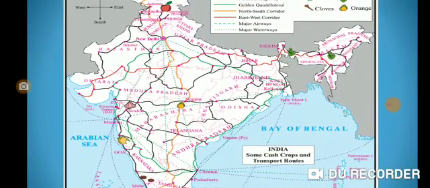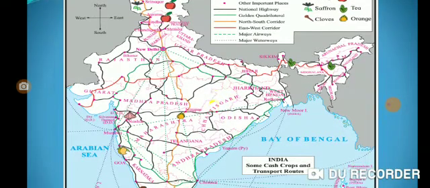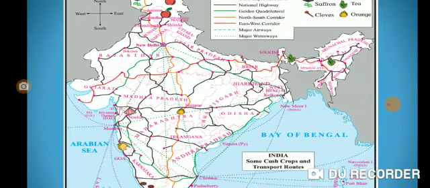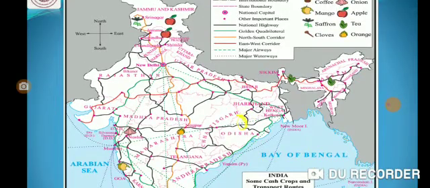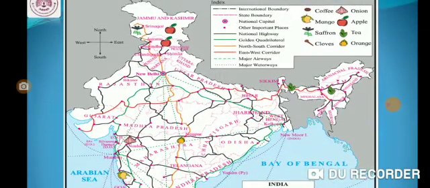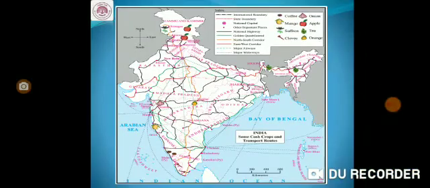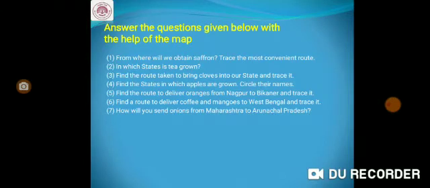Moving on from Nagpur, you cross Chhattisgarh, which is over here, following the black line, which is the national highway. So moving through Chhattisgarh, Odisha, you reach West Bengal. Follow the black route, which is the national highway. So this was just an activity based lesson, all practical for you to do and understand.